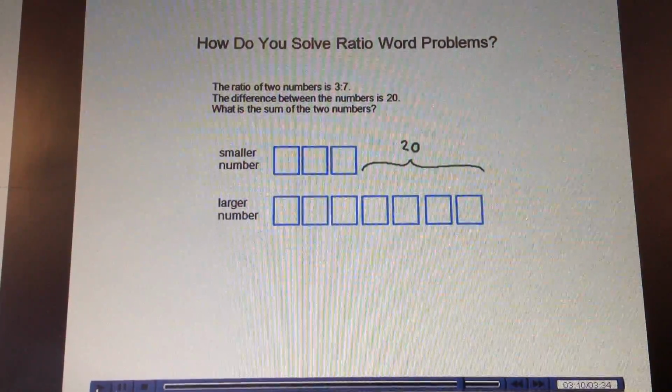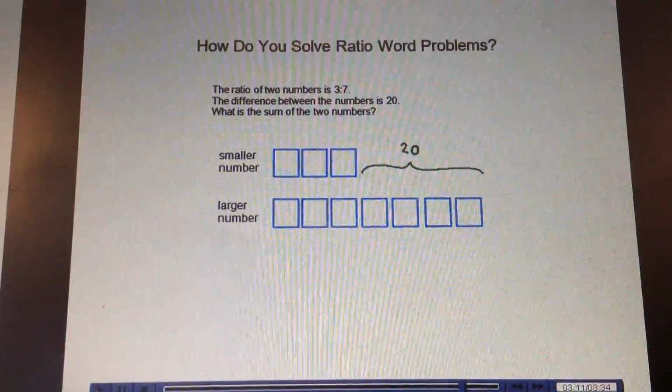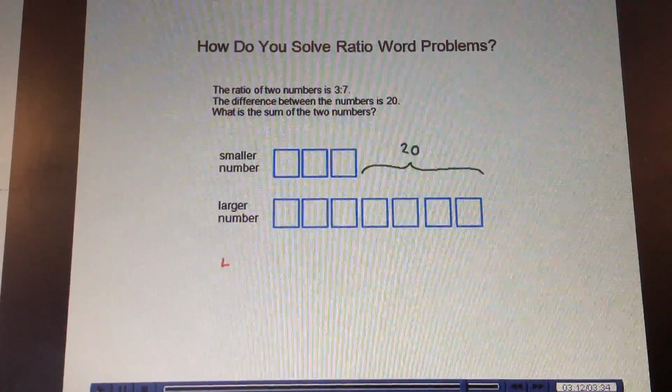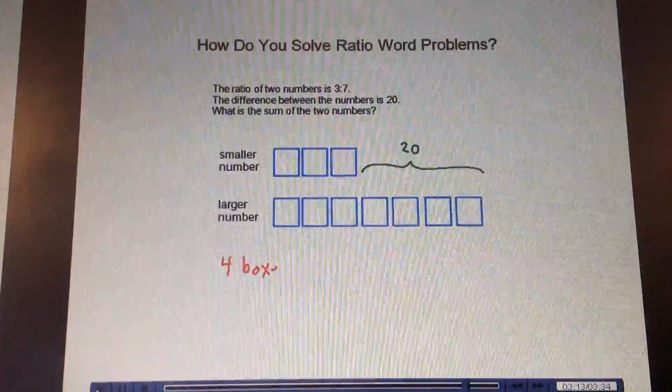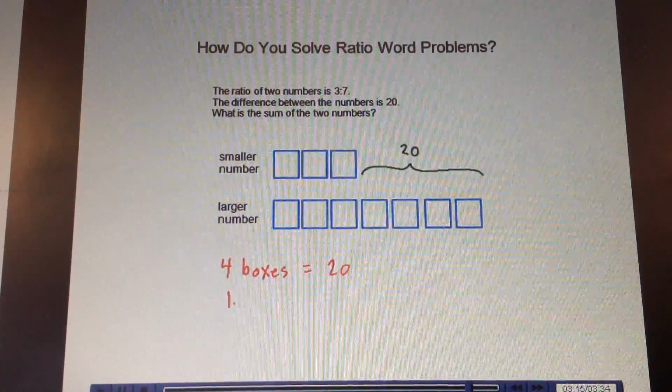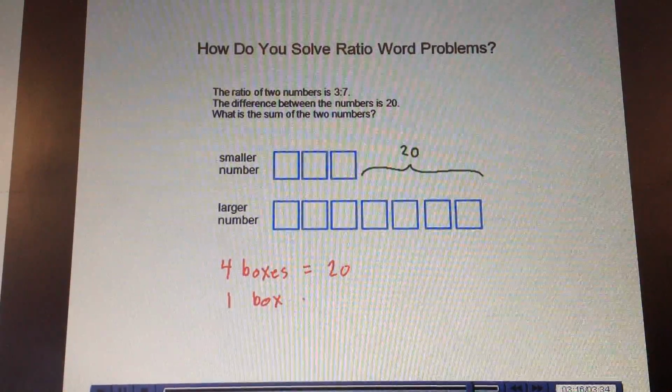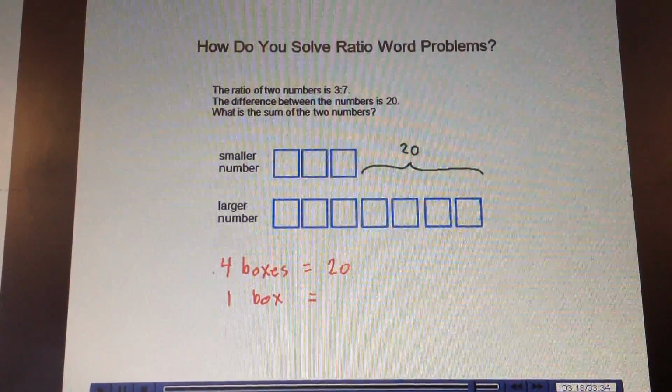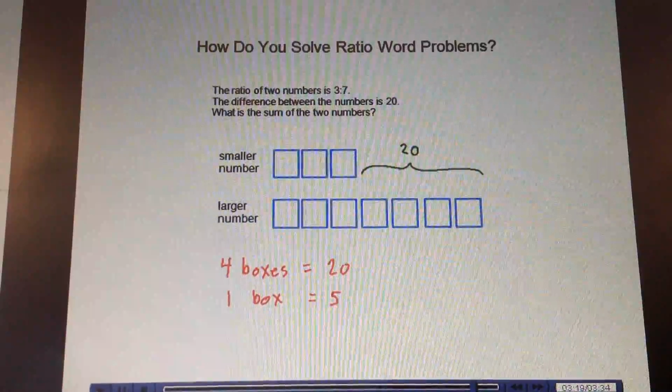So how do we find the value of one box? We can say that 4 boxes equals 20. So to find the value of one box, all we have to do is divide 20 by 4, and we get 5.